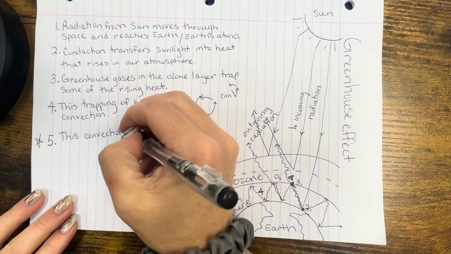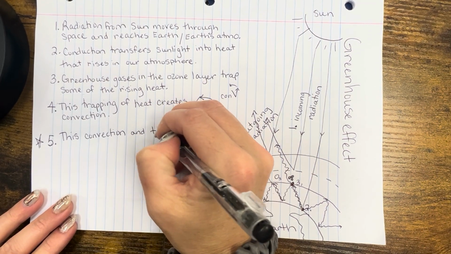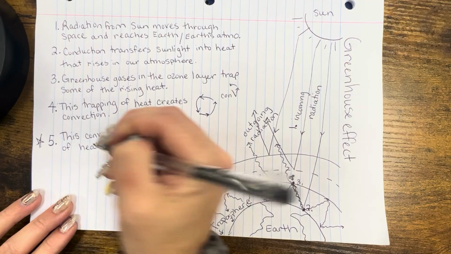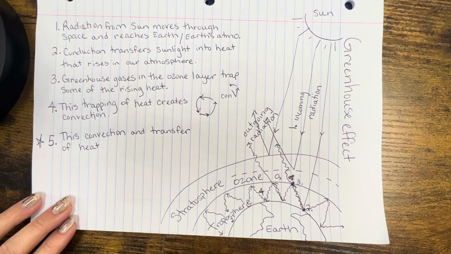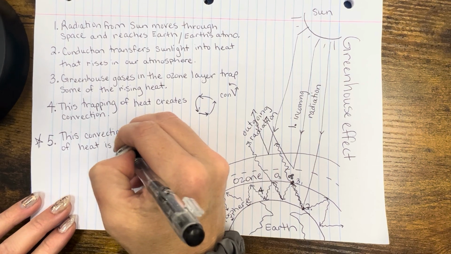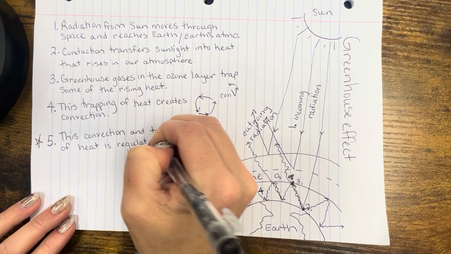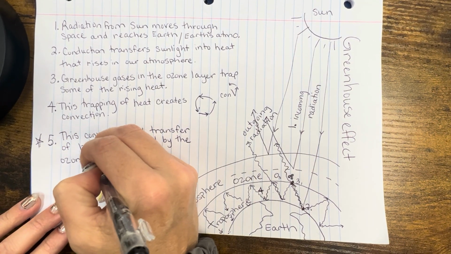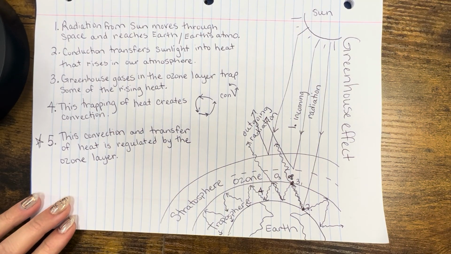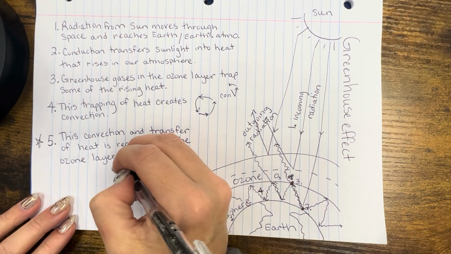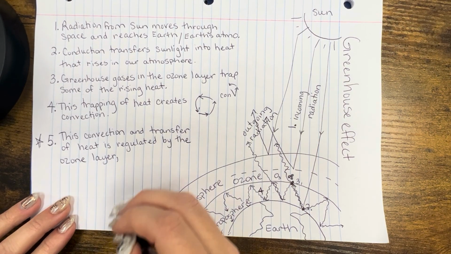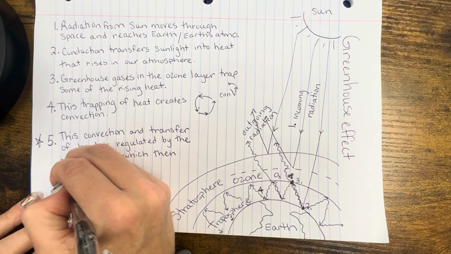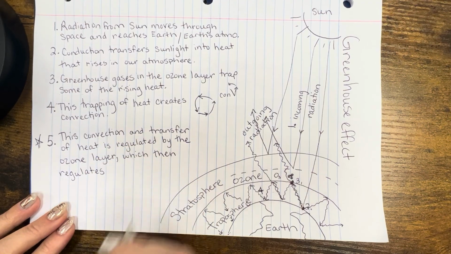This convection and transfer of heat is regulated by the ozone layer, comma, which then regulates. Regulates is another word that kind of means to control.